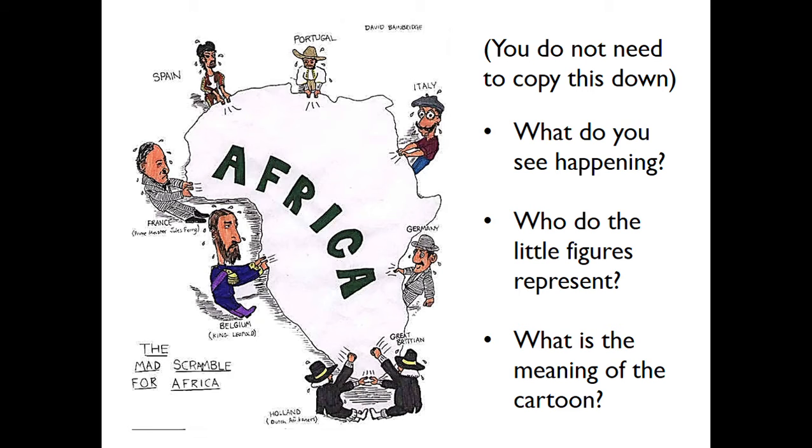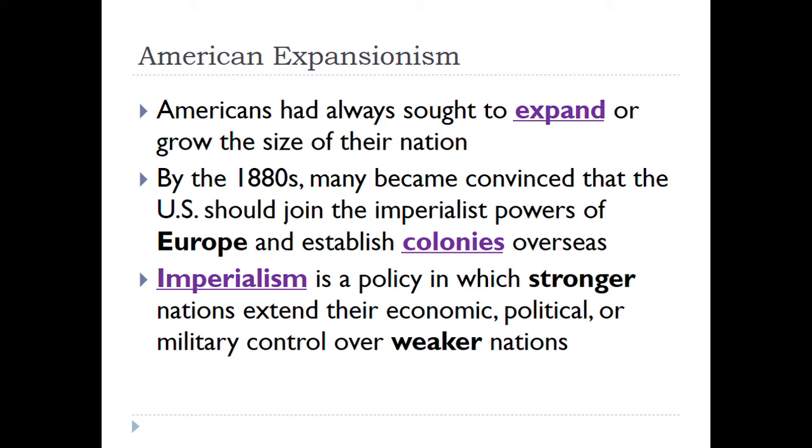By the time we get to the late 1800s, the United States thinks, well, maybe we as a nation should get in on this action, that we should not allow Europeans to dominate the world, that we should jump into this ourselves. Now remember, the United States had always been expanding its borders, beginning as 13 colonies on the East Coast and eventually getting all the way west.